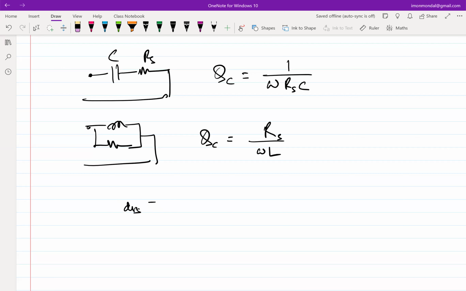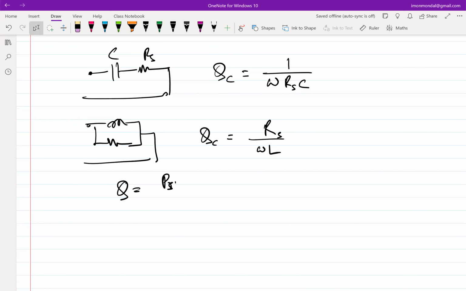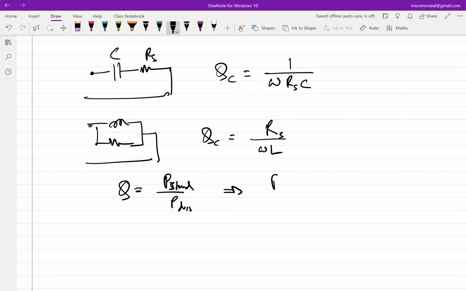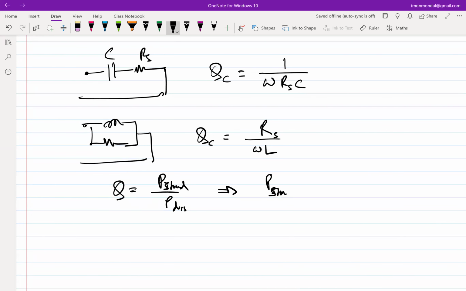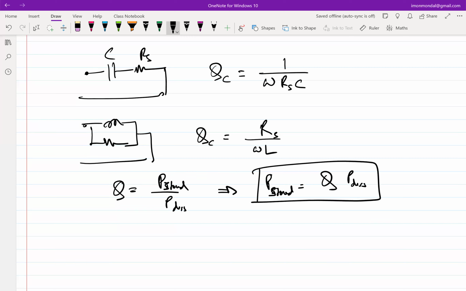So since I know that Q is power stored by power dissipated, if Q is known, then I can simply say that power stored is equal to Q times power dissipated. And this is generic for any, and vice versa. If I know the power stored, I can come to power dissipated, and vice versa, right?